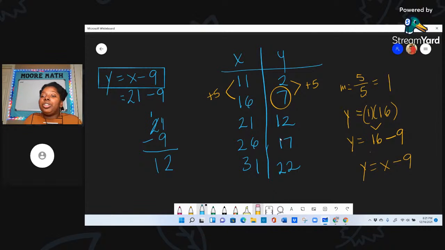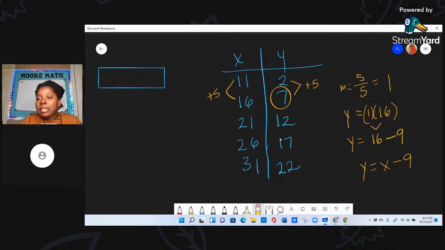So what you're going to do is once you find the slope, you plug in that first number. So we plugged in 16, right? And we said, well, I'm supposed to get 7.